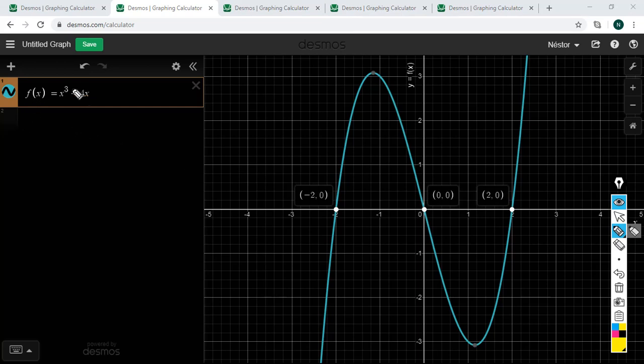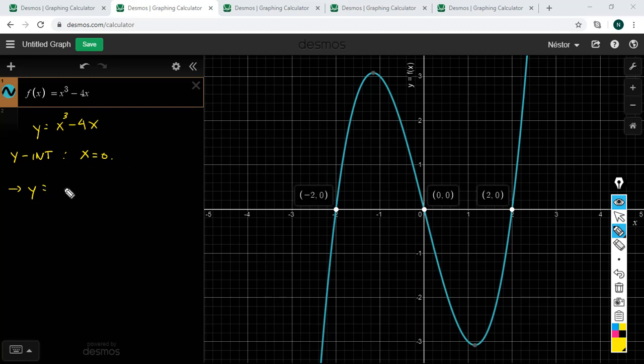First, let's write this in this way. Okay, y equals x to the cube minus 4x. And then let's first get the y-intercept. I'm just going to write this. So for the y-intercept, what do we do? We make x equals 0 in the function.